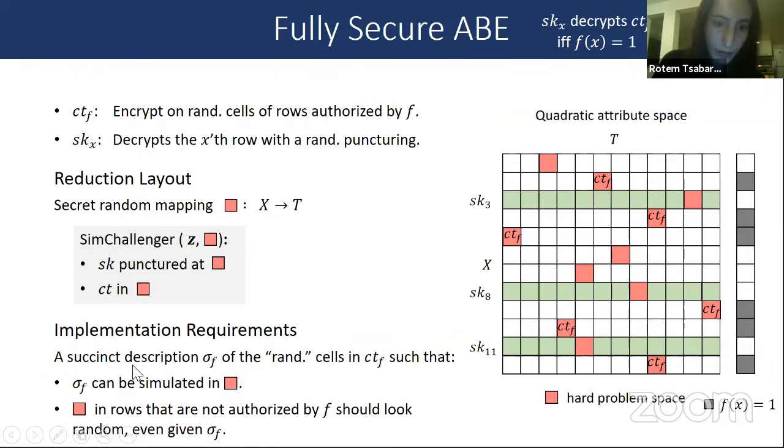So we have those two requirements where on one hand, we want to have a succinct description. On the other hand, this succinct description has to look pseudo-random, even given access to other points, because we need to answer the secret key queries and to provide the punctured points for the secret keys.